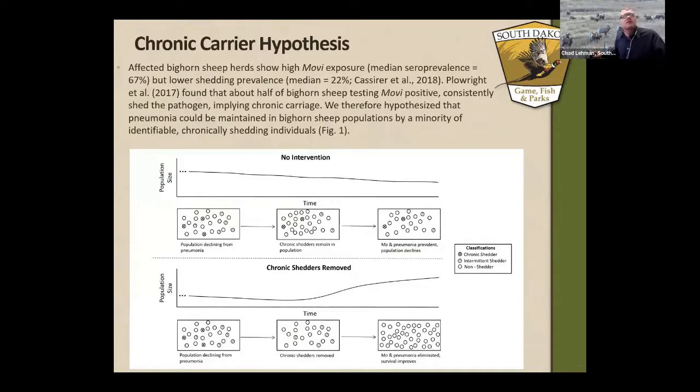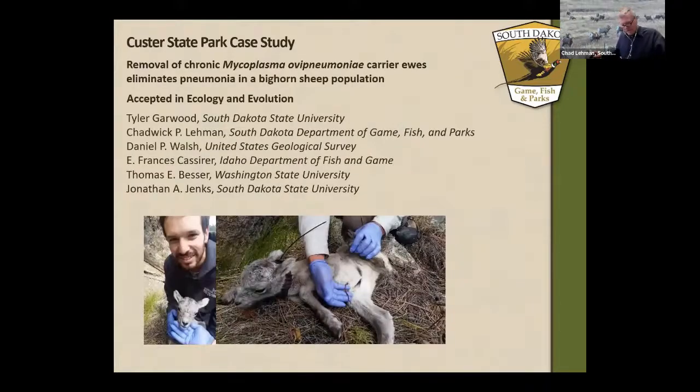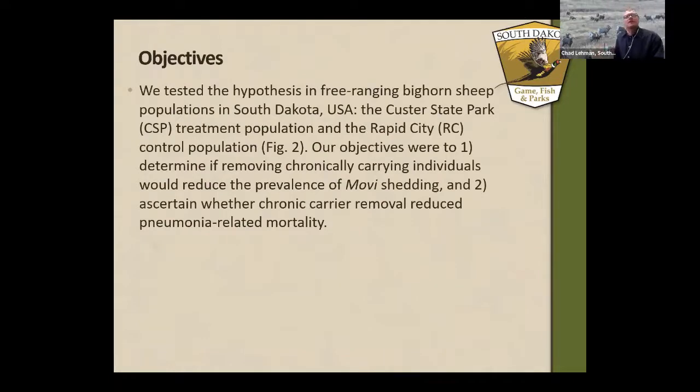I'm not going to go into the chronic carrier hypothesis. Francis did a good job of providing some background on that for everyone. And I'm just going to share the first case study here in Custer State Park. Tyler Garwood was our master's student on that project and did a good job helping us meet the objectives of that study. And our primary hypothesis was to take what Francis and Tom are discussing with the experiments they're doing and then applying that into a field setting in South Dakota.